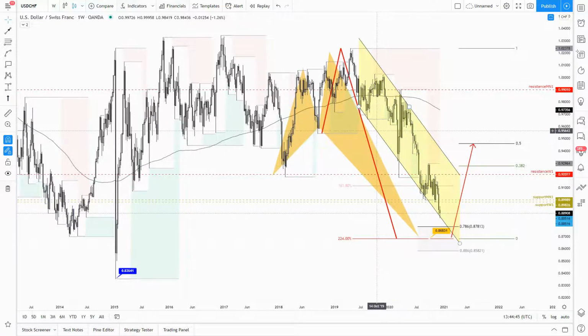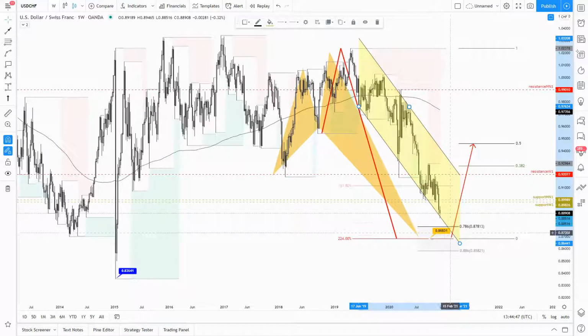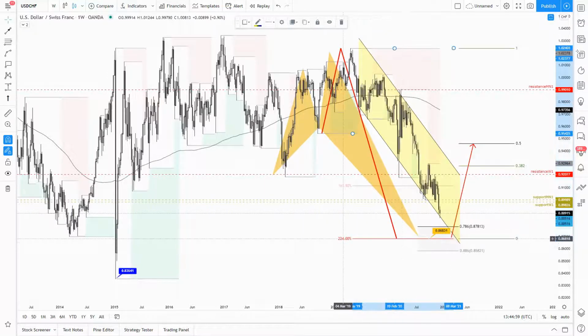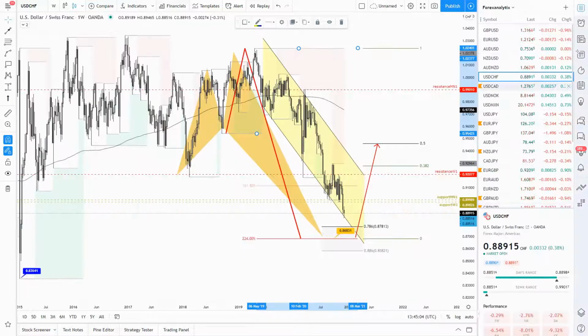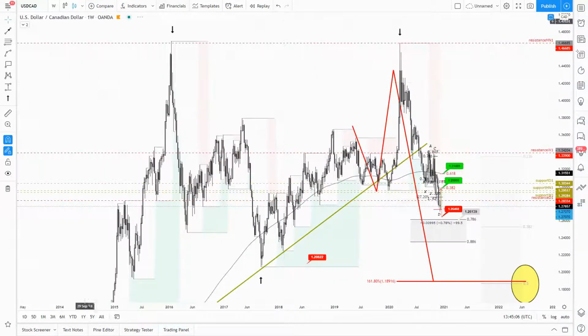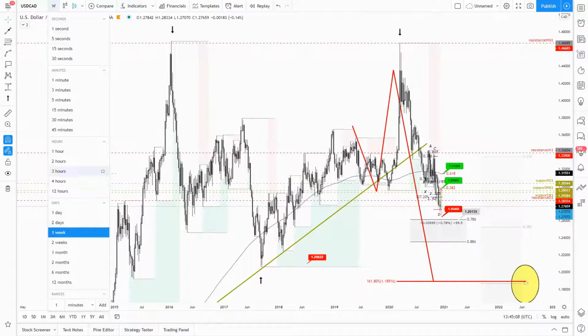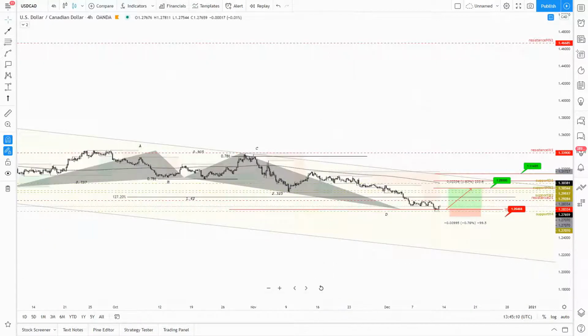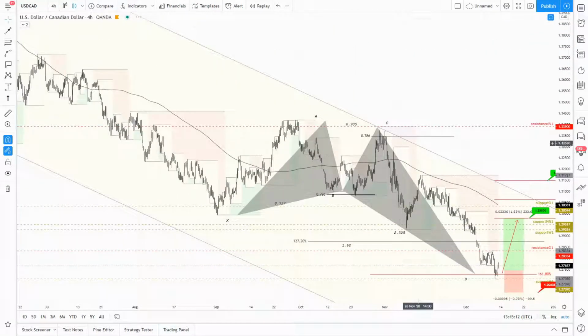For now, we are threatening also this kind of a support trend line for this descending channel. Let's observe how the market will react. But again, I will start to pay attention as soon as the price approaches 86.83. That is my price. The dollar versus the Canadian, I have already longs for this trade.